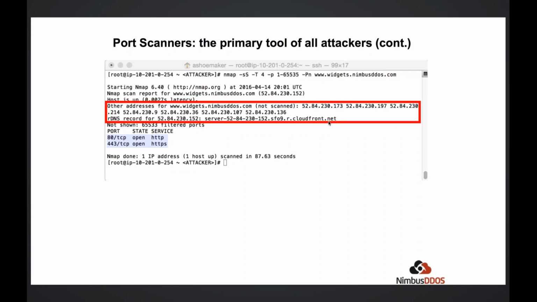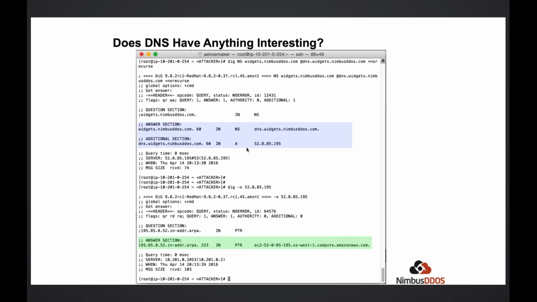So what else can an attacker uncover? Let's switch gears, and let's take a look at the widget's DNS servers to see how that's configured. There's a lot of data here, but I'll just simplify it. In the top part of this command window, the attacker is running this DNS query to see what name servers are authoritative for the widget's domain.